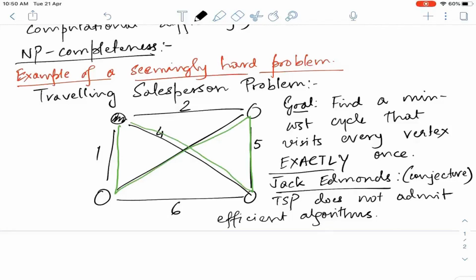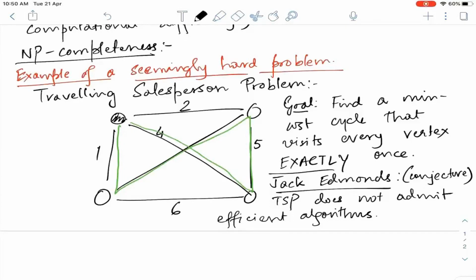Okay. In fact, let me ask you, can you think of a finite algorithm for TSP? So let's say I don't care about efficiency. So what is an algorithm that will at least terminate in finite amount of time and give you the correct result? Exactly. So all possible cycles. Yeah.